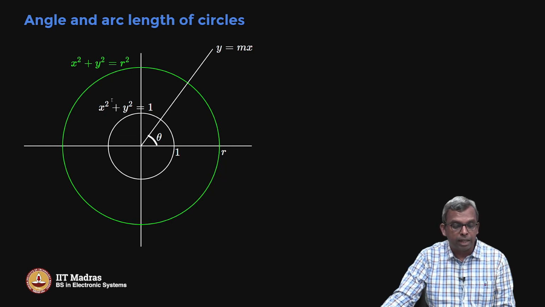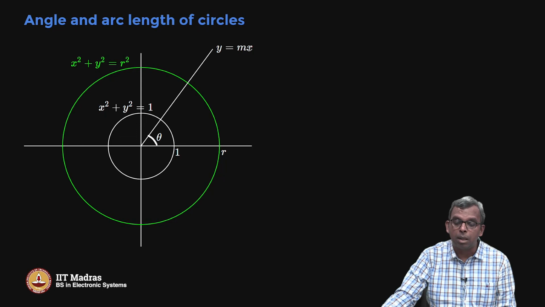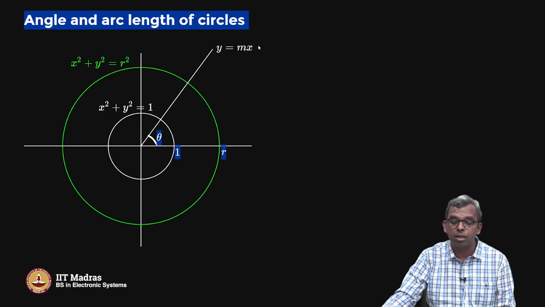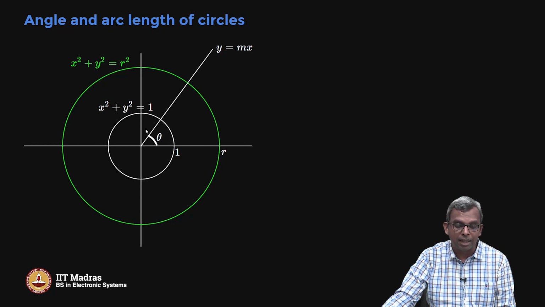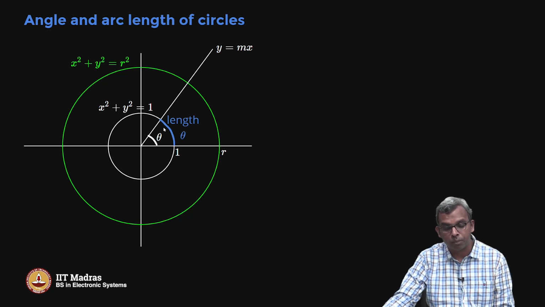You see here x squared plus y squared equals 1 and x squared plus y squared equals r squared, a circle of radius r. Then I consider a line y equals mx. This is a straight line passing through the origin, and that line makes an angle theta with the x-axis. What is this angle theta? This theta is the arc length on the unit circle, whatever the theta may be.